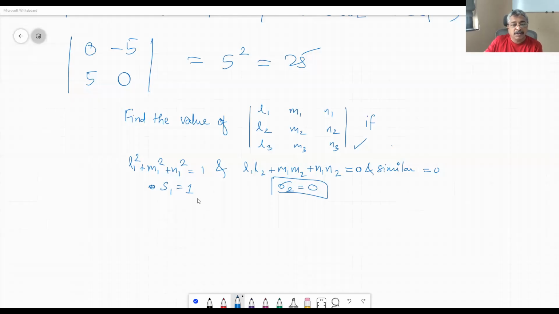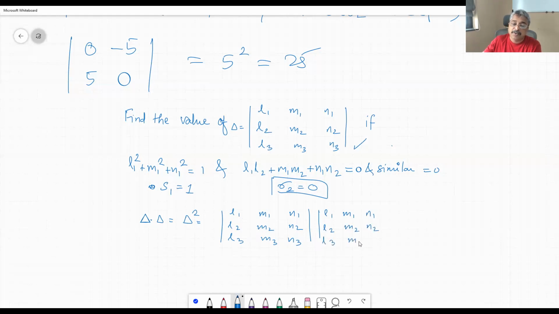Consider delta into delta: L1 M1 N1, L2 M2 N2, L3 M3 N3 into L1 M1 N1, L2 M2 N2, L3 M3 N3.